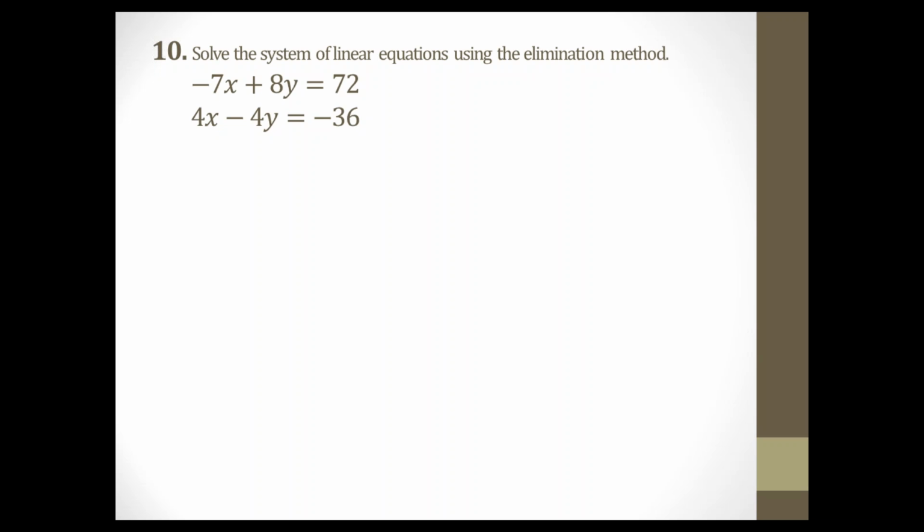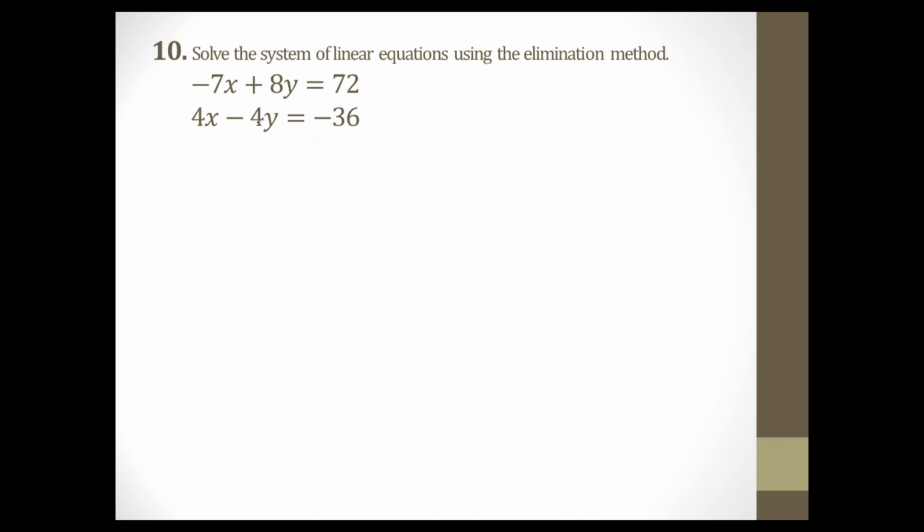So we want to create opposite coefficients within the same variable. So right now we already have opposite signs. In our x we have a negative and a positive. In our y's we have a positive and a negative.